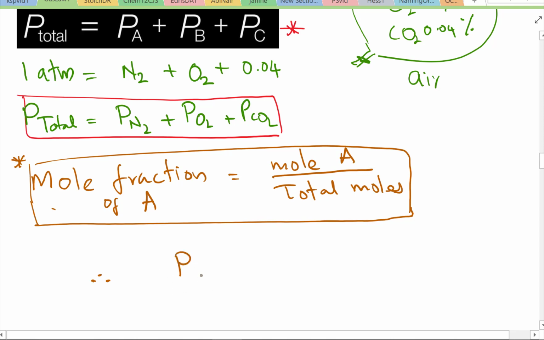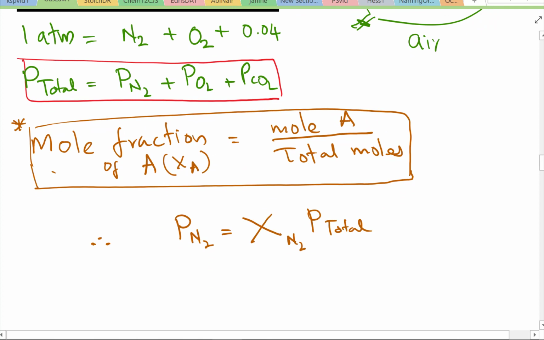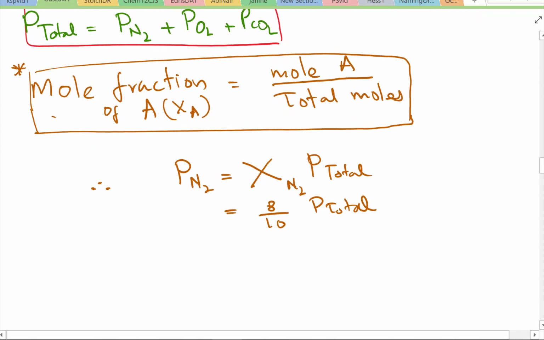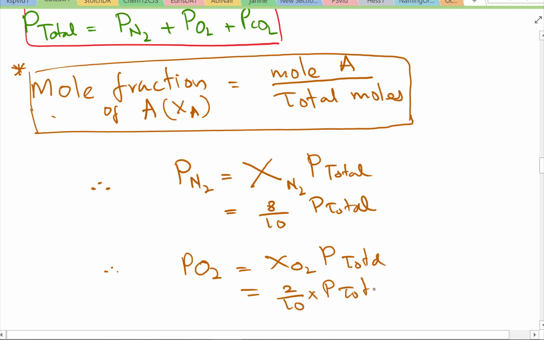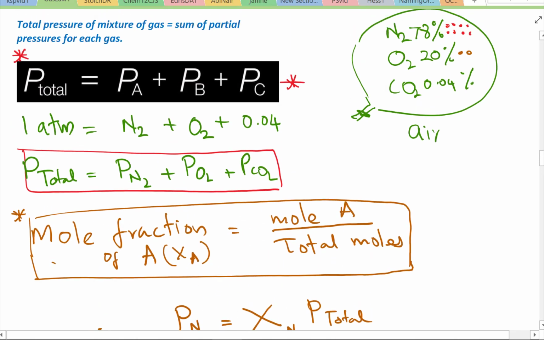That means we can write the partial pressure of nitrogen as the mole fraction of nitrogen times the total pressure, P total. Mole fraction is written as XA, or X nitrogen in this case. If I have a total of 8 moles of nitrogen and 8 plus 2, 10 total, then 8 divided by 10 times P total gives you the partial pressure of nitrogen, and then oxygen and so on.